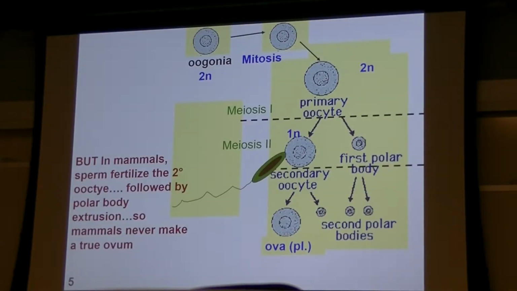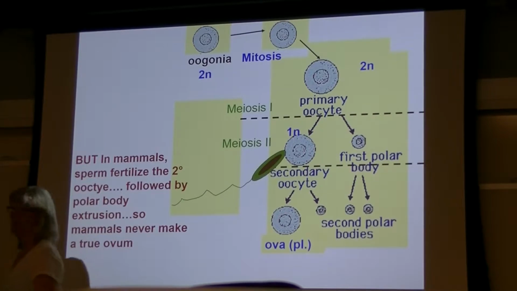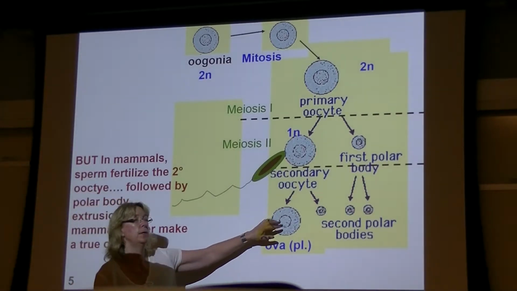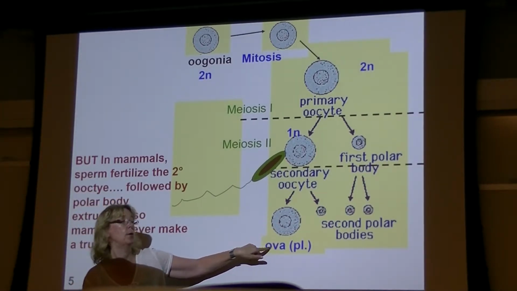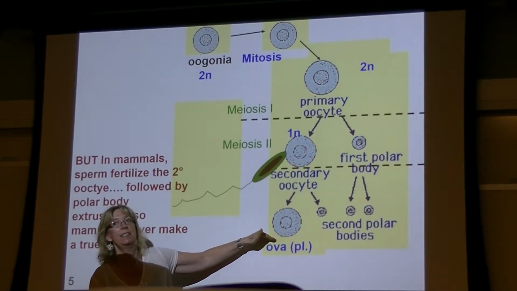Okay. So I already touched upon that in mammals, the sperm is going to fertilize the female haploid cell at the secondary oocyte stage. So with this being the case, you could say that mammals never really make a true ovum, singular, or ova, plural, because they never quite get to this stage.